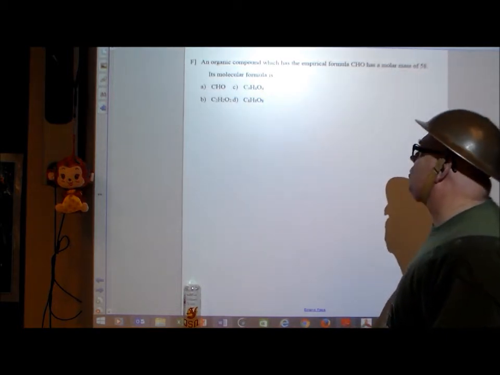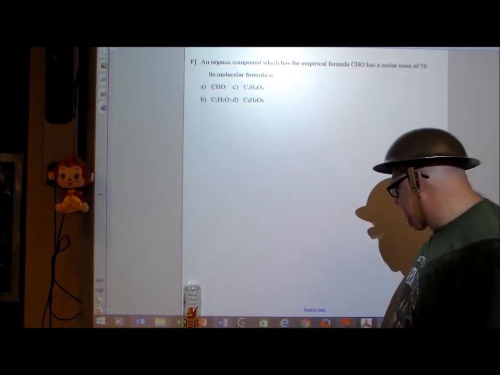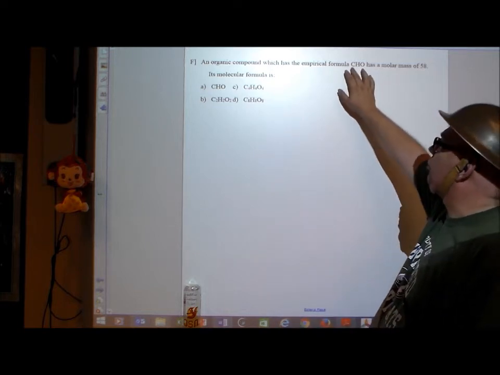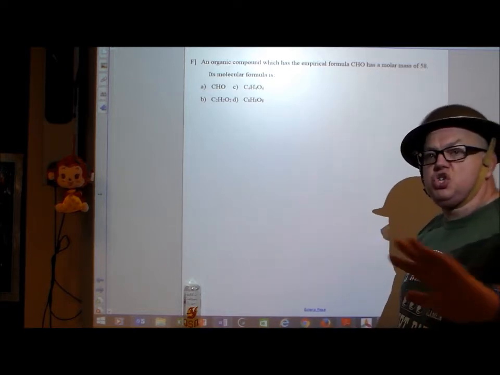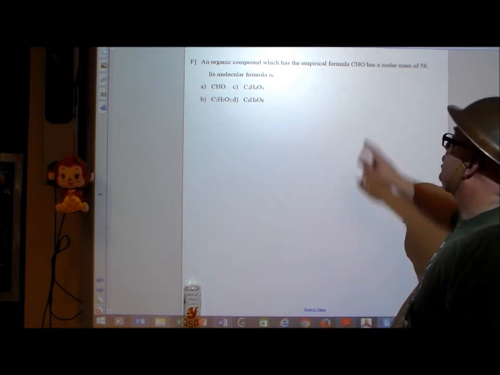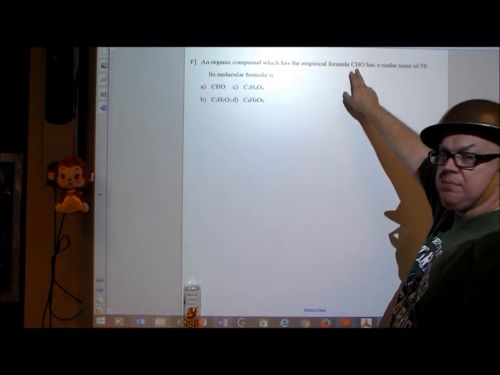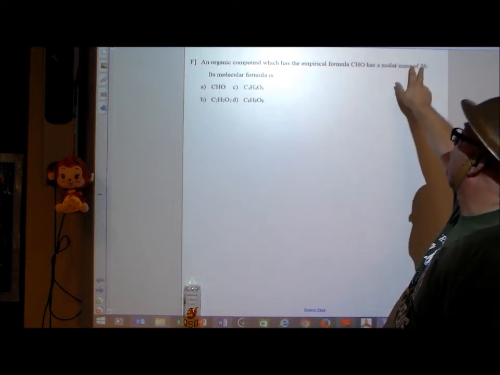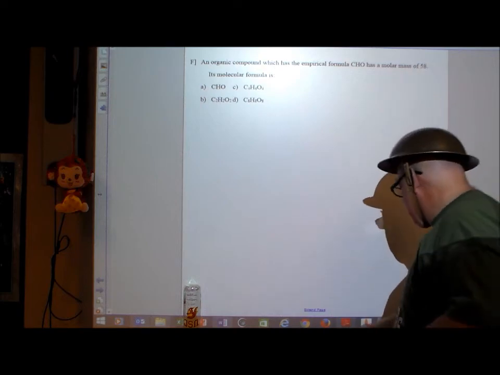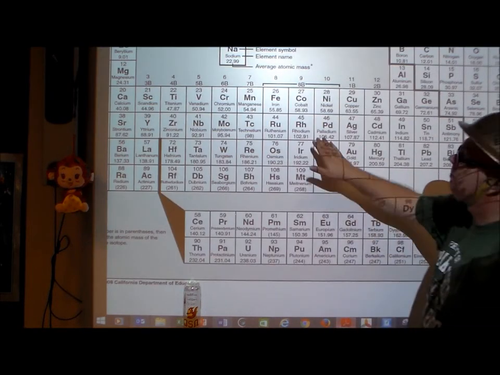So how do we start with this? Where do we even begin? Well, remember, we need to find out what the molar mass of CHO is to start with. Let's go with the basics. Because the molecular formula should be a multiple of this. Let's see. I go over to my chart.